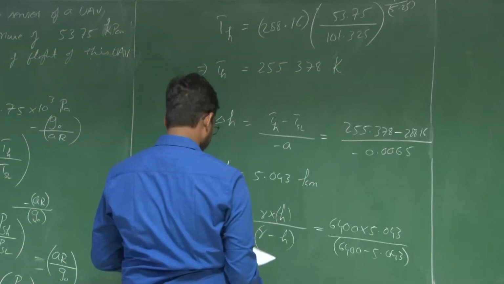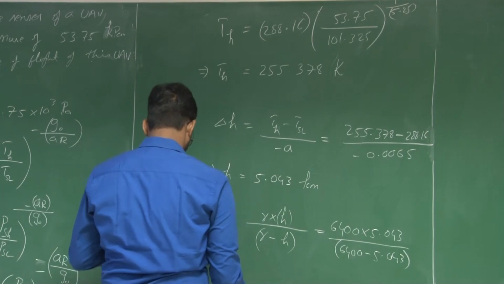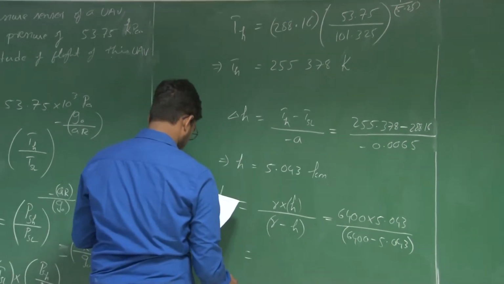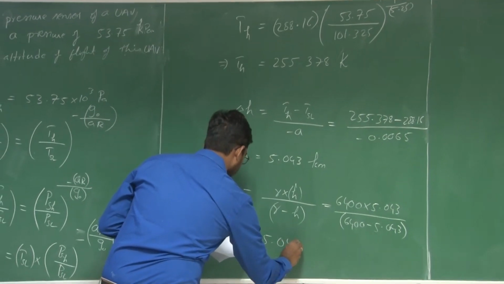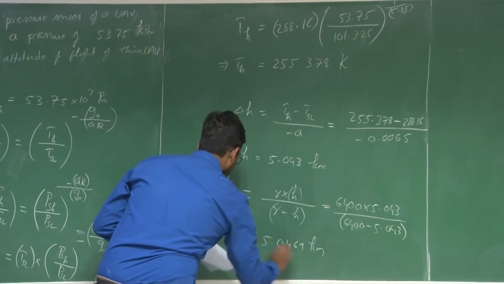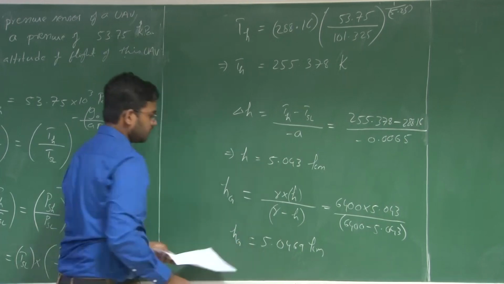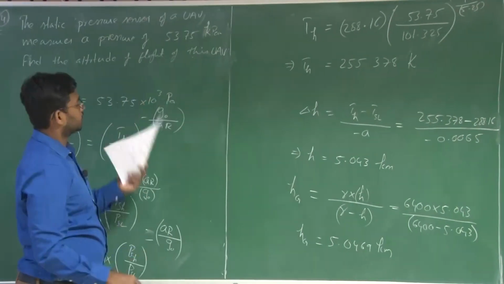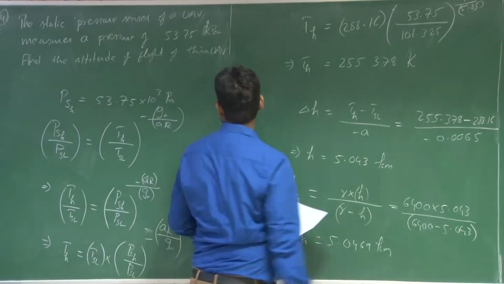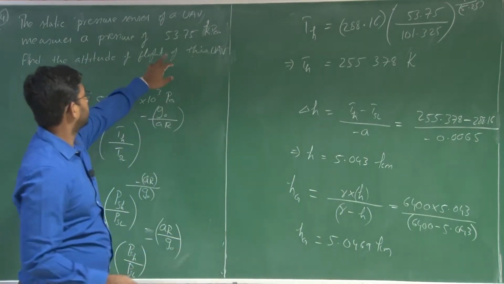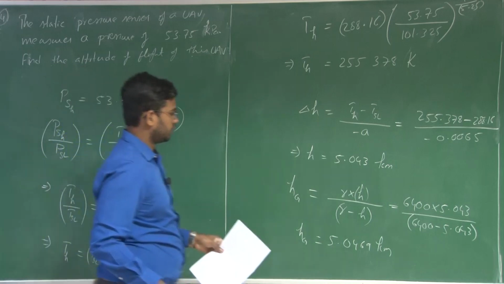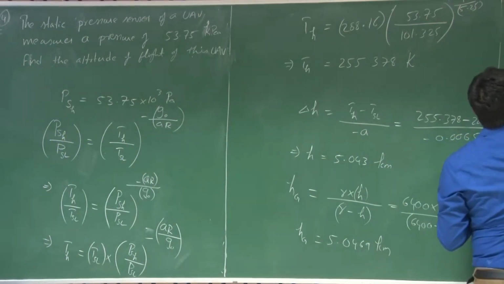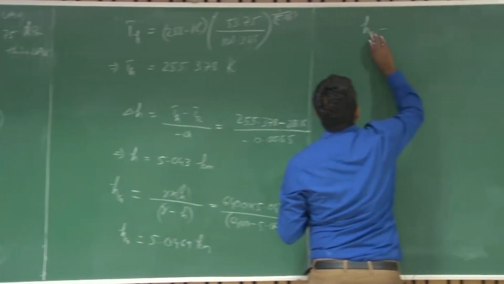Okay, equal to 5.0469 kilometers. This is the altitude at which this UAV is flying, right, when it is measuring a static pressure of 53.75 kilopascals.